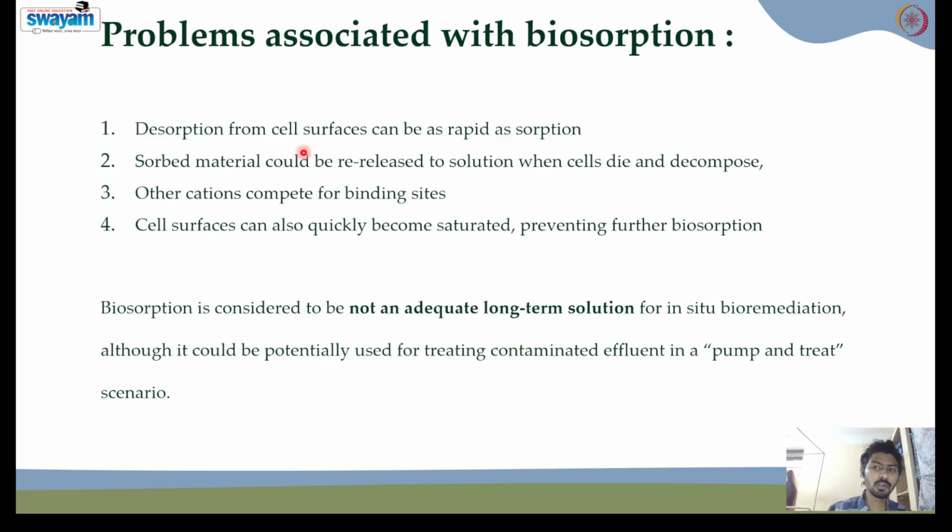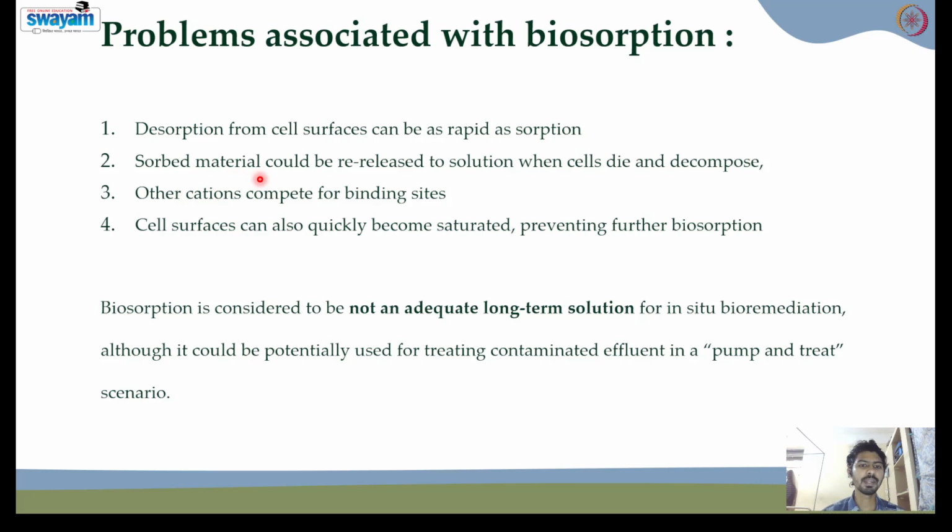And what are the disadvantages of this bioabsorption? The first is that desorption will be as rapid as the adsorption. So you need to strategize a technique which can minimize the desorption unless you provide a strong functional group. To attain this, you can modify the functional group by adding different reagents, which helps to solve this problem. And these sorbed materials could be re-released into the solution when cells die and decompose.